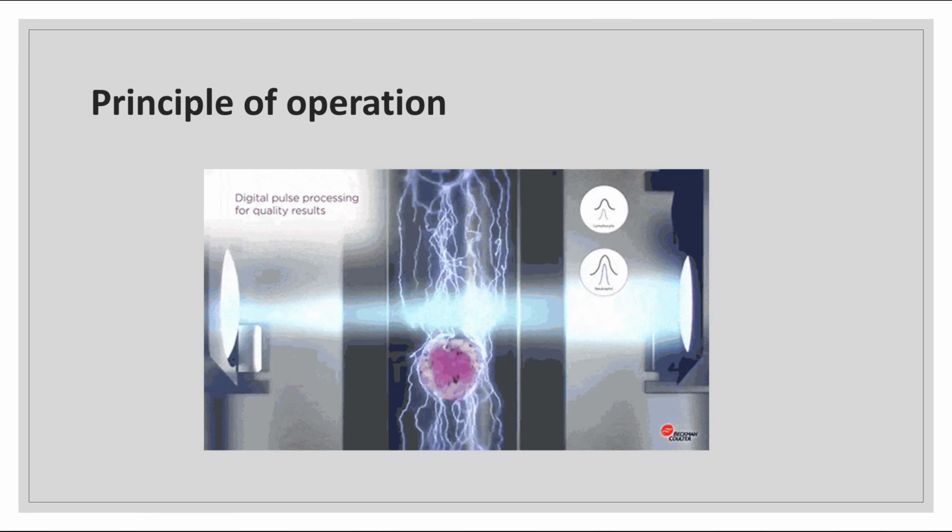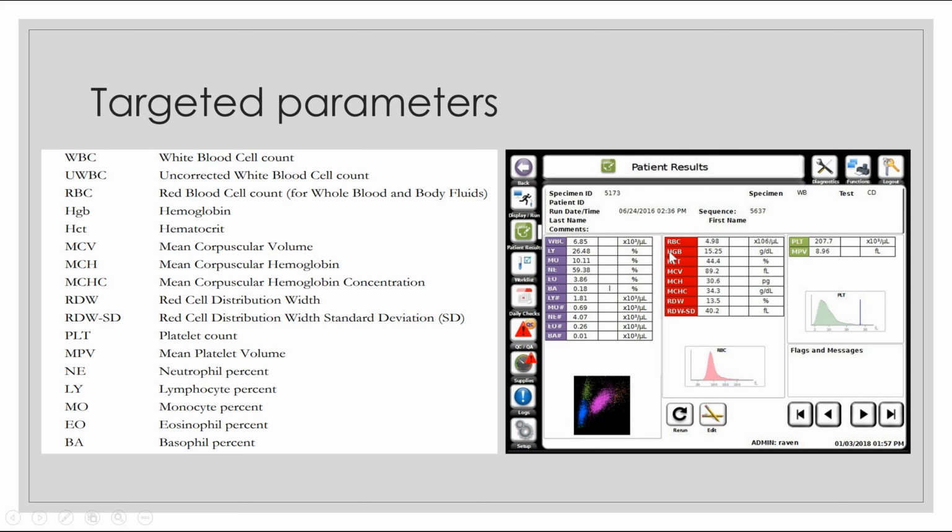And finally, after running a blood test, this is what we see on a regular screen of a device. Mainly we see the WBC, or white blood cell count, and the RBC, also known as the red blood cell count, for the whole body. Then we have the HGB, which is the hemoglobin level.